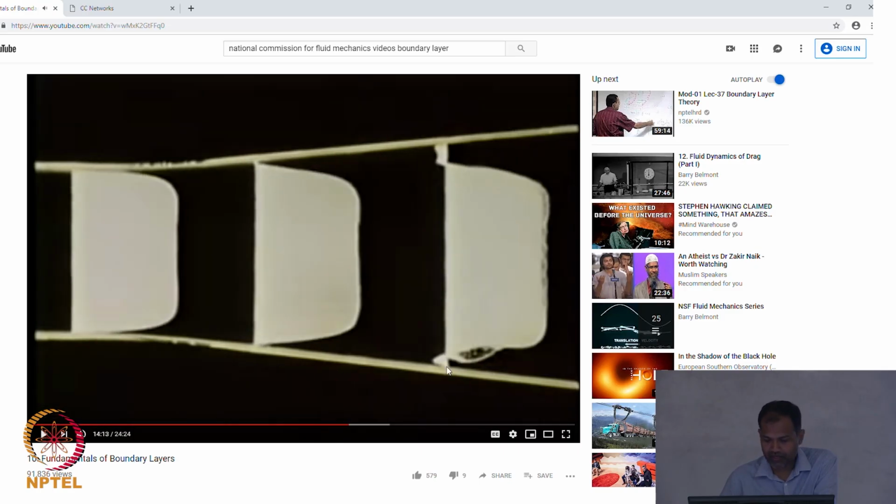Here this is more or less uniform, then you can see a bit further downstream, and this is a bit more downstream. You can see that because this is diverging, the velocity is decreasing, that would mean the pressure is increasing, and we know that the pressure gradient outside is going to determine what is going to happen on the wall, and the fluid is actually flowing in the opposite direction.